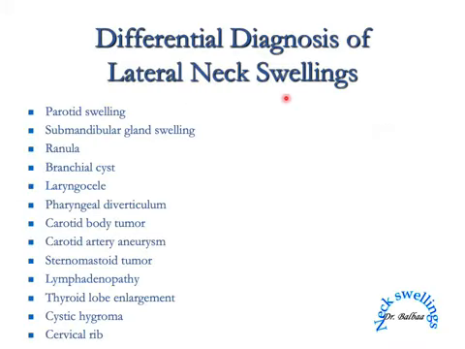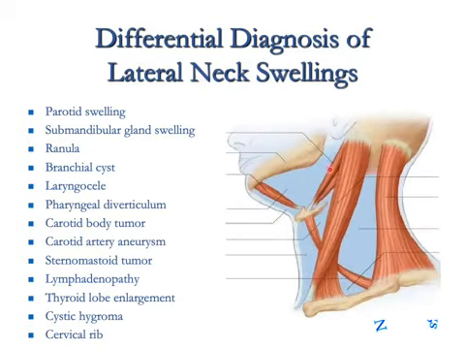If I now enumerate the differential diagnoses of swellings present in the lateral side of the neck, I will follow the same division that we followed in the previous slide. If I start from up down, I may have parotid swelling, which will be mostly in this part.